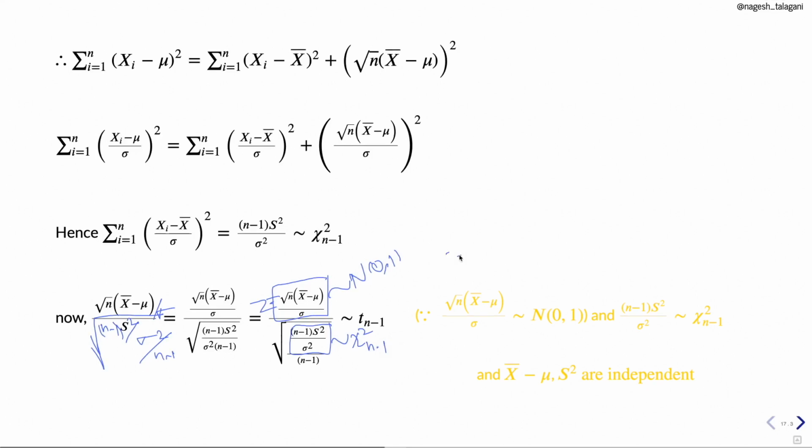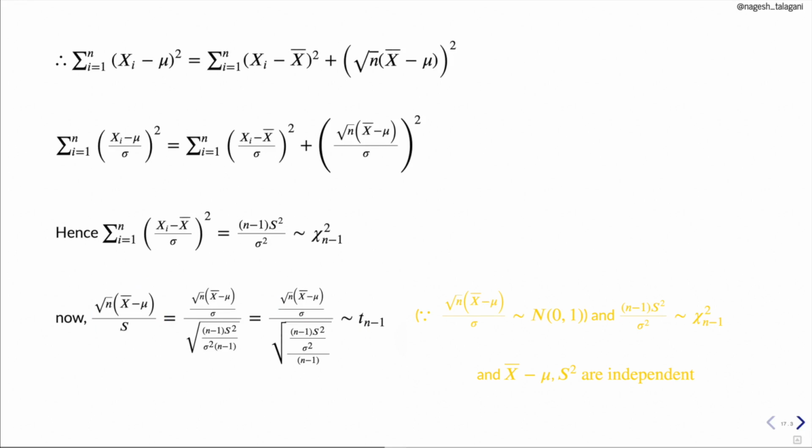So now this one looks like z by under root chi-square n minus 1 by n minus 1. So this exactly follows t distribution with n minus 1 degrees of freedom. Therefore, this root n of (x bar minus mu) by s follows the t distribution with n minus 1 degrees of freedom.